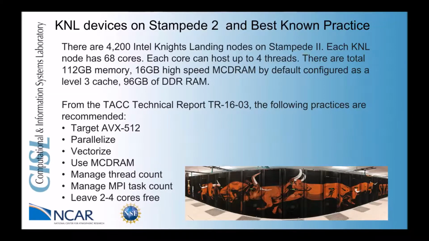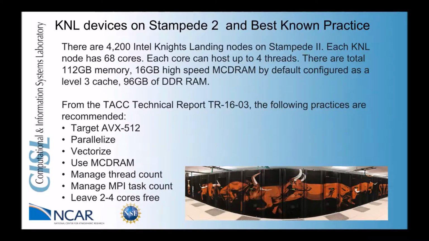From the technical report, the following best known practices are recommended. We need to target our compilation to AVX-512, and we need to use as many cores on the node as possible. We need to look at the vectorization, and we try to use the fast memory as much as possible.